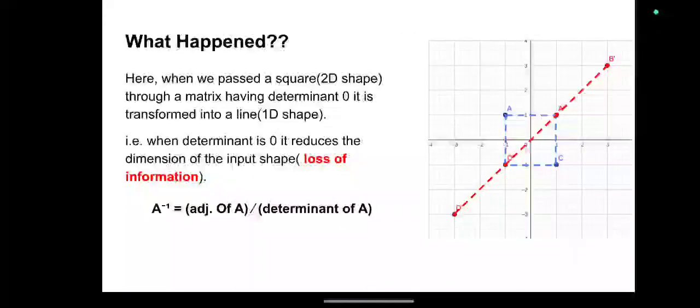But in the zero determinant case, we cannot get the original values of A, B, C, D using the output values A', B', C', and D', because we cannot create new information out of nothing. We have only information about one dimension in the output, so we cannot create information about another dimension. That is why if the determinant is 0, that is, our input space is reduced in dimension, A inverse cannot exist.